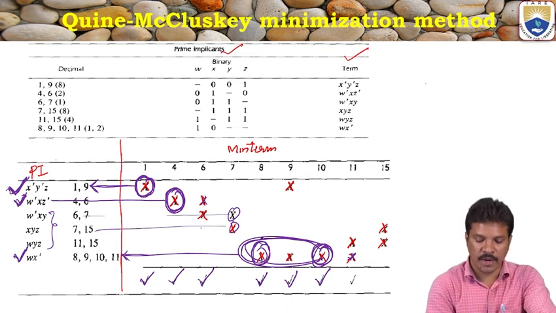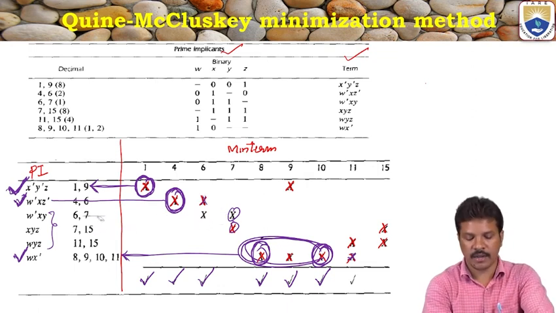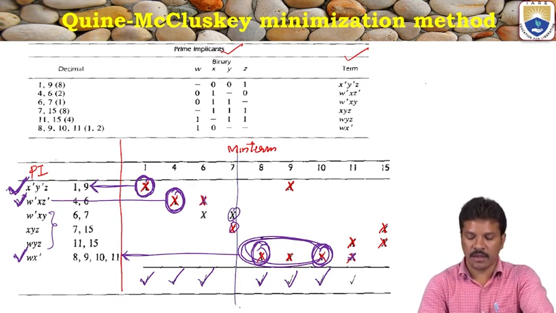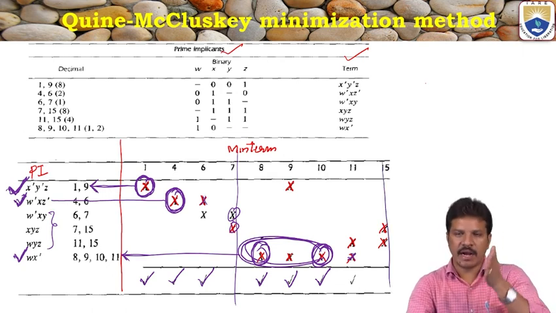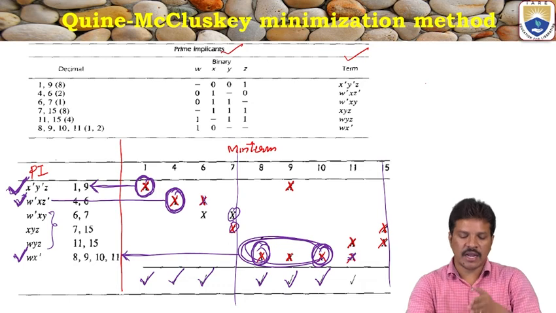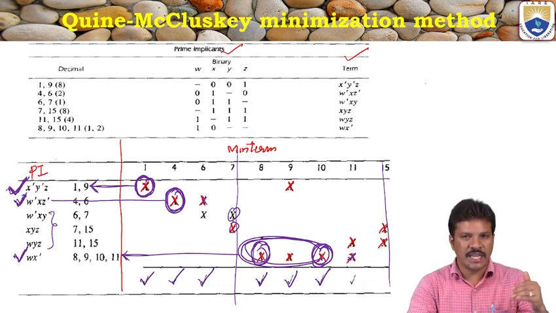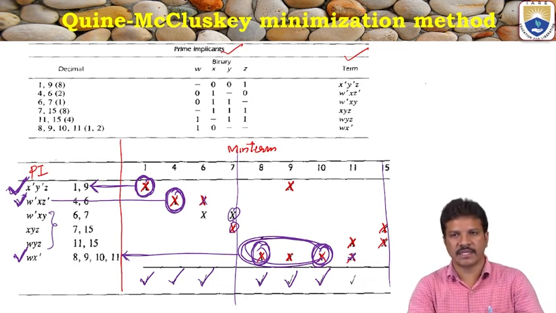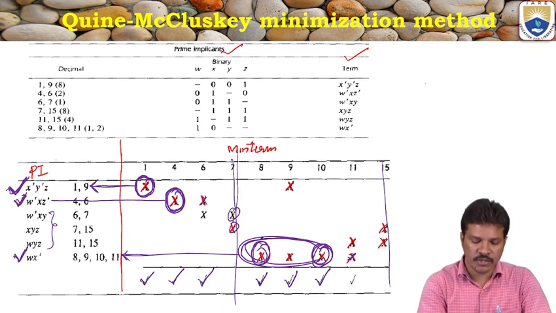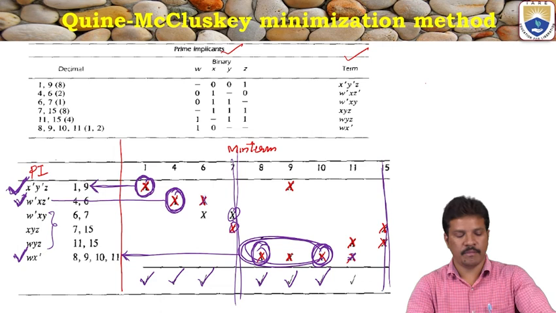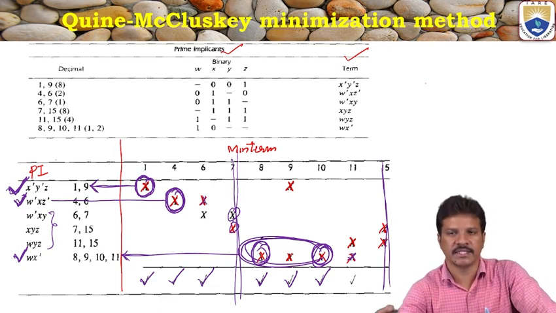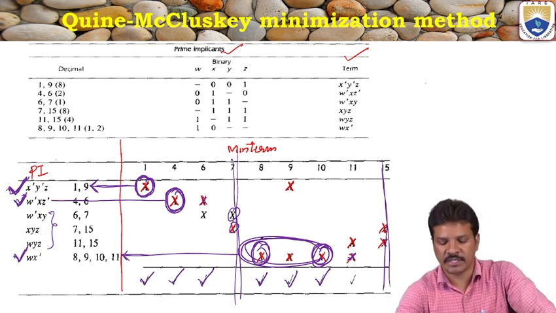They are not covered by the prime implicants, so we cannot tick the 7 column and the 15 column. Whatever minterm columns are not covered by any of the 3 minimized prime implicants must also be considered and included in the expression.